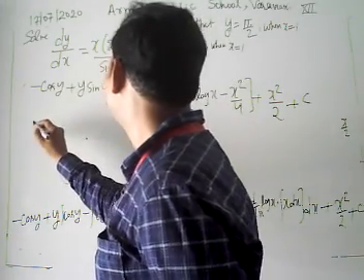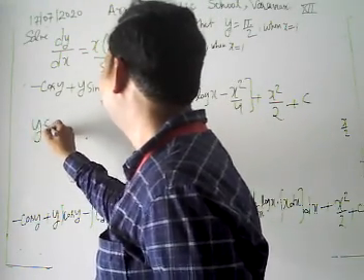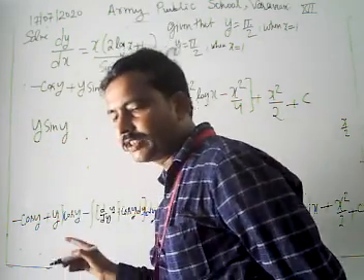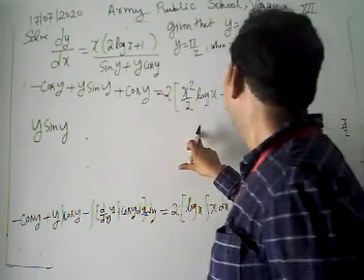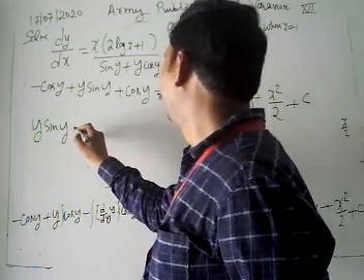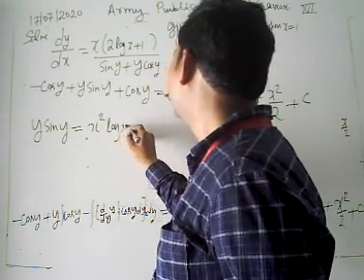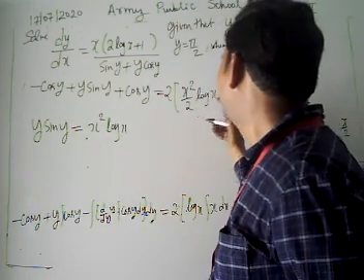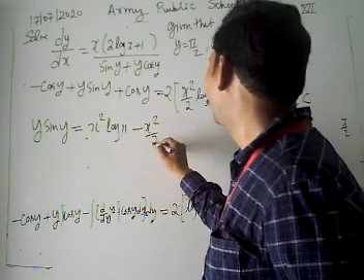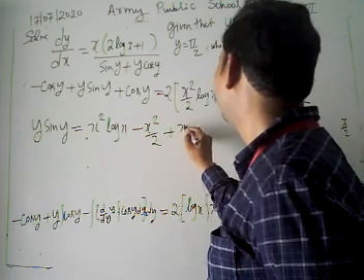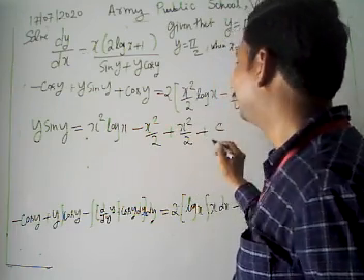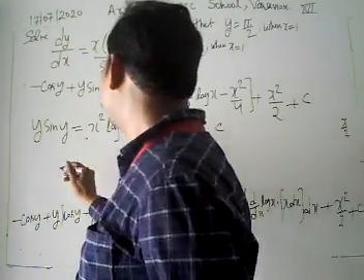Then we just have y sin y. After multiplying with 2, we have x square log x. This 2 and 2 cancel out. Then minus x square by 2, and we have plus x square by 2 plus c. Again this portion cancels out. What do we have?